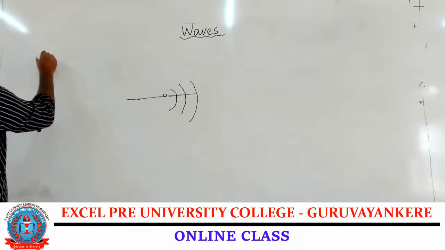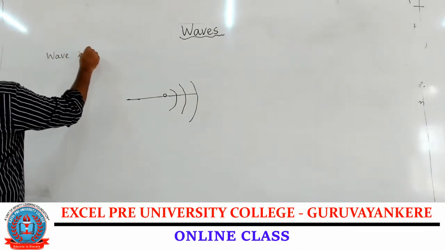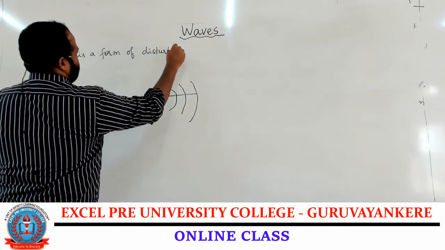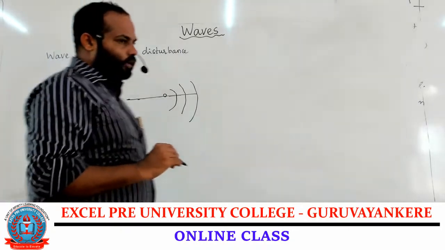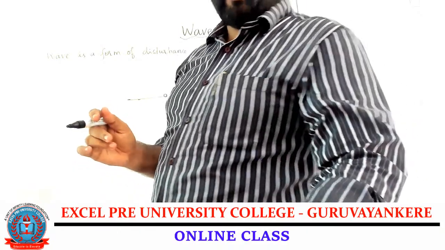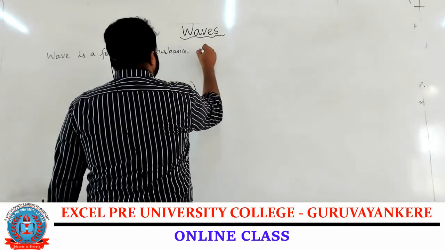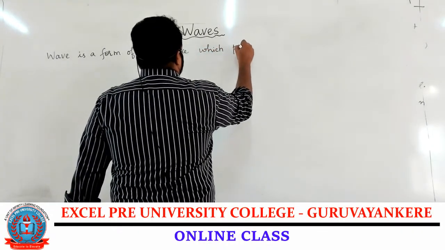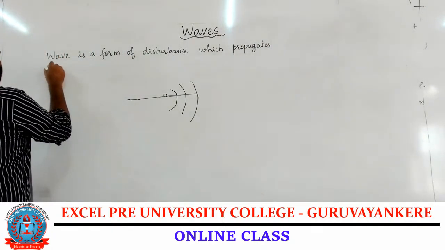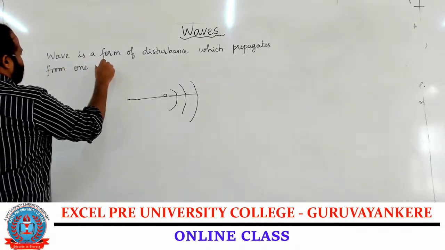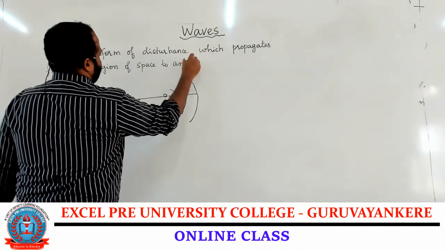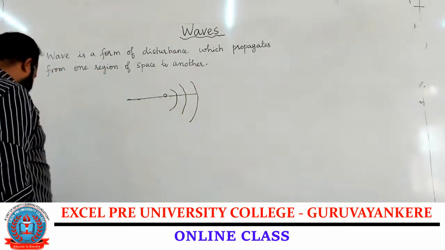So, what do you mean by a wave? Write down, wave is a form of a disturbance which propagates, propagates means moves, from one region of space to another.